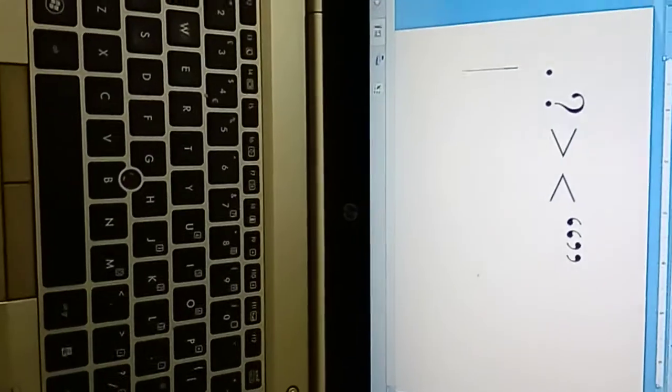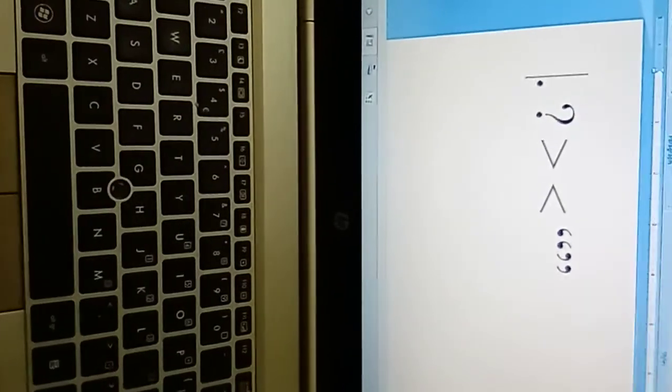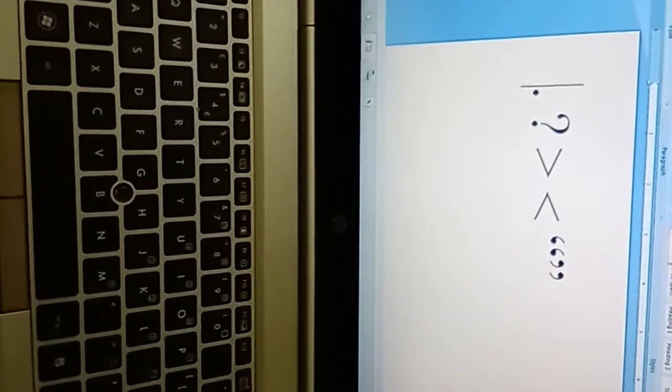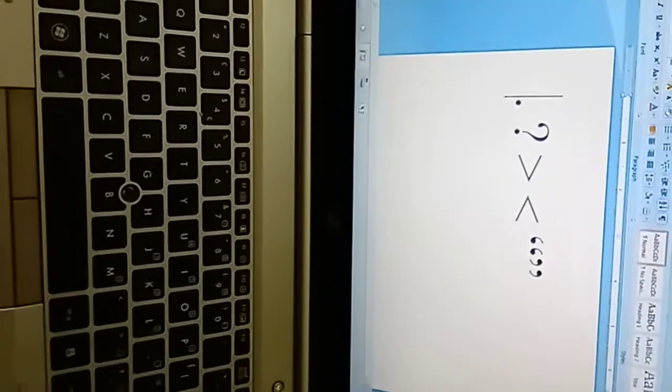Up arrow key is used to move the cursor upward. These arrow keys are also called cursor control keys because they control the cursor.